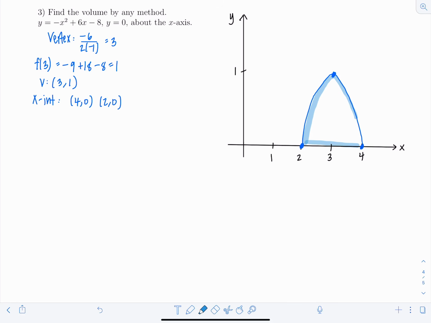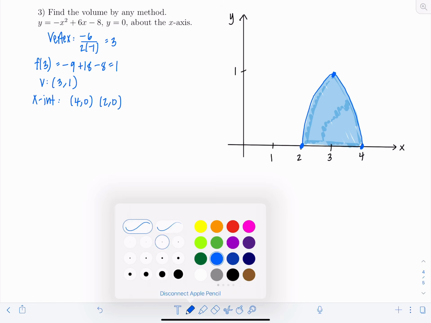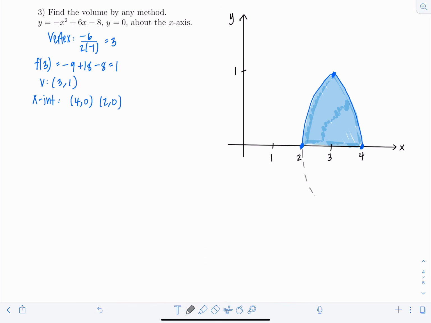So let's think here. If we're spinning around the x-axis and we wanted to use cylindrical shells, since we've been doing that for a while, well, let's see, what would it look like? So it's going to spin around this way. It looks like a weird shaped egg, right? And then if I were to set up cylindrical shells, let's think about what we would have to do.